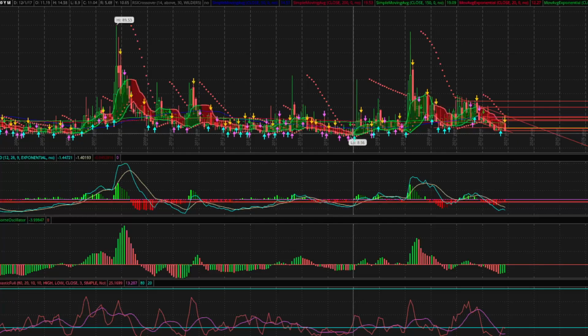Now that's the lowest we ever were. Now that's in 2017. Now I tell you that if you pay attention, this is a 20-year chart.